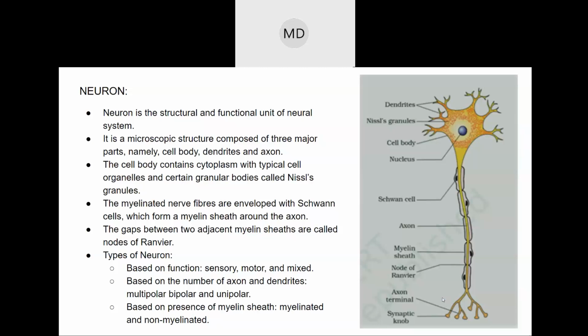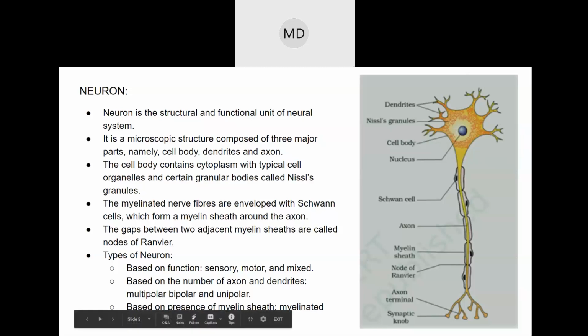There are no specific ones; you can just Google it. This one is a multipolar neuron because there are many dendrites and one axon. Bipolar will have only one dendrite and one axon. You can search the net for multipolar neuron and bipolar neuron and you will get the diagrams. And unipolar will not have any dendrites. They will have only one protrusion, that is one axon. No dendrites are there. That's unipolar.